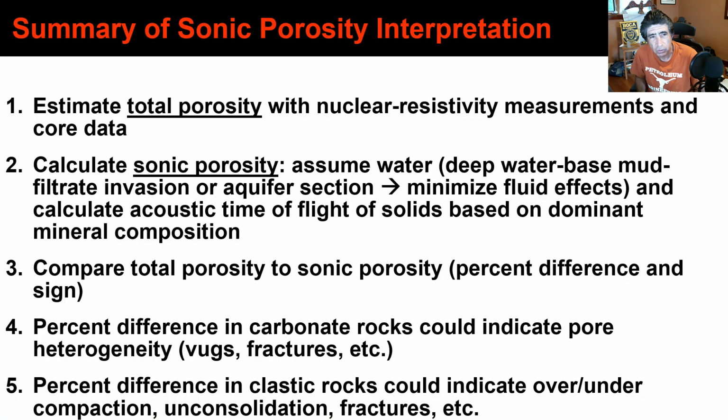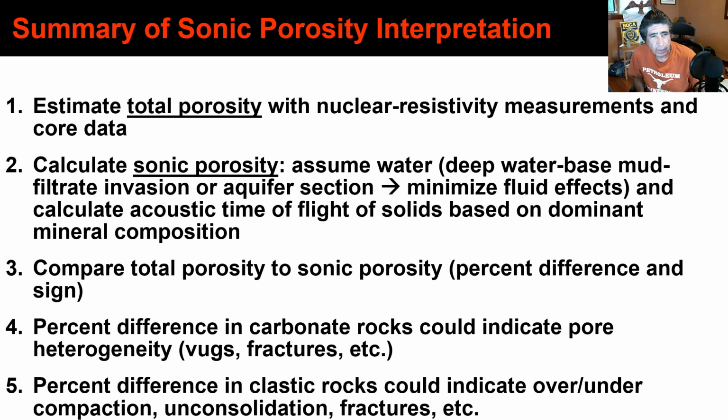Okay, so now how do I use this property? Very simple. Let me show you one example. But the mechanics of this is that we always estimate total porosity with nuclear resistivity measurements, the way we have done it properly before, and then by using combinations of neutron density and doing all the corrections that we have, especially when you don't have shale, square root of the average of squares, all of those properties that we discussed at great length when we discussed dominant mineral composition.